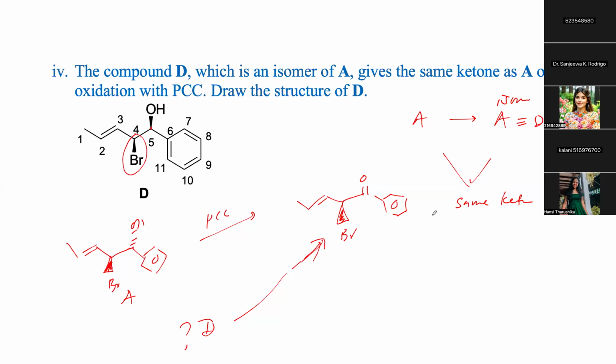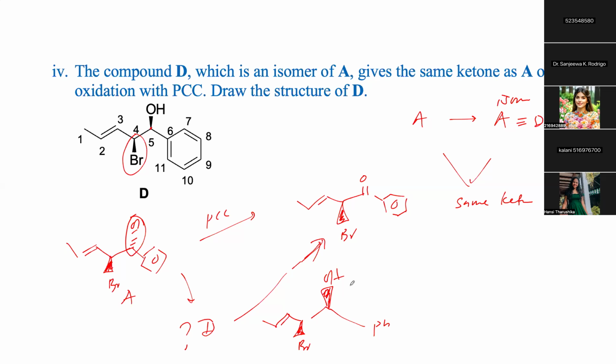And to get the same ketone, D has to be an isomer of A, and the only thing you can do is change the stereochemistry here. So D should be the bromine and phenyl ring like this, where the OH is now coming towards you.